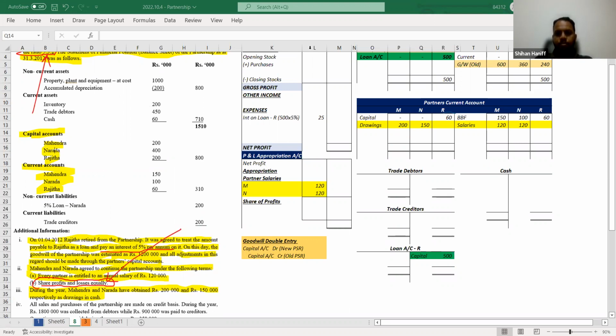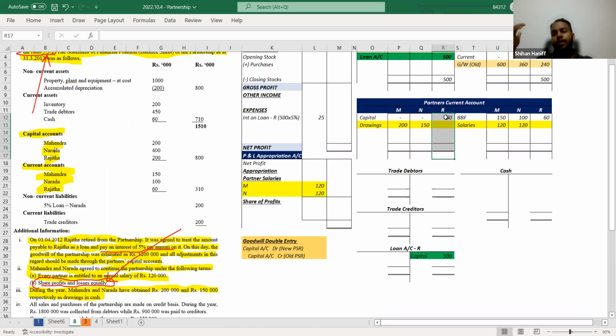Because he retired at the beginning. So at the end of the year, he is not in the business. That is why at the beginning itself, we closed his current account. Now we don't have a current account with us because he retired at the beginning. And the interest on the loan was paid at the end.